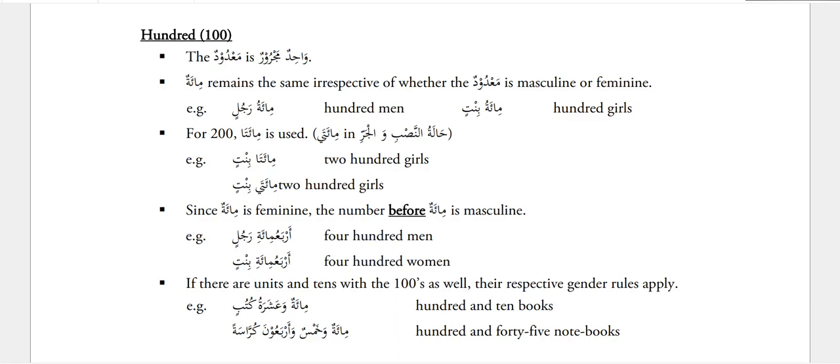But when you are saying 109, for example, 109 men, there you have to write mi'atu alone separately and tis'atu rijalin alone. So first we will say mi'atun alone, mi'atun wa tis'atu rijalin, 109 men.